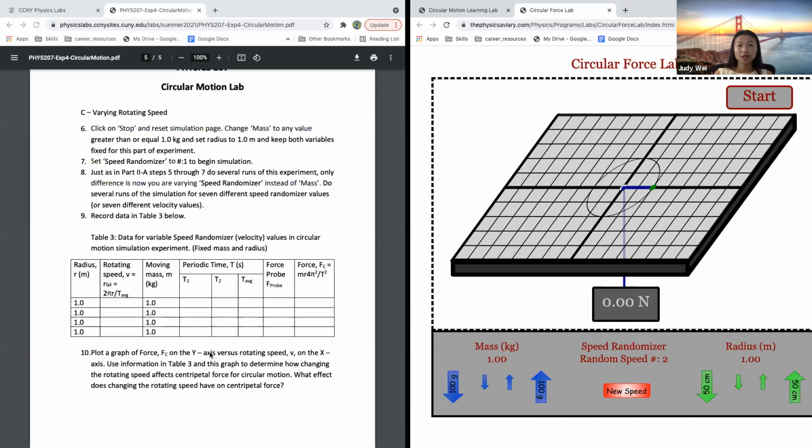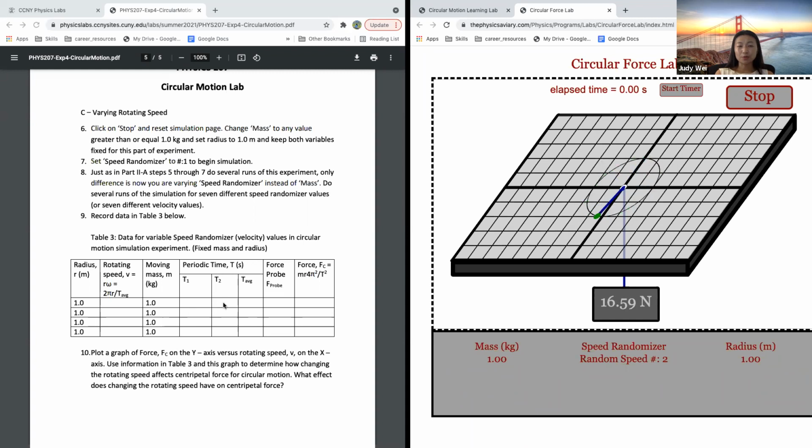So how you get this speed is by calculating V equal to 2 pi R over T average. The T average is what you record here, and then you start the experiment. You save the time, you count for 20, and then divide the time by 20, and you have T1.